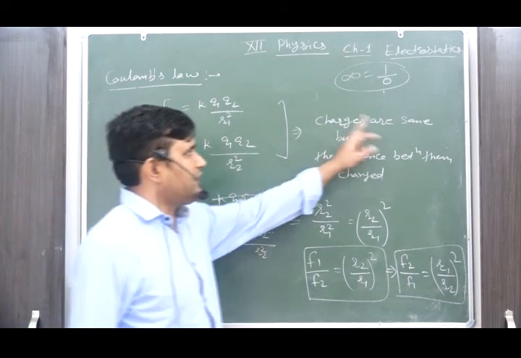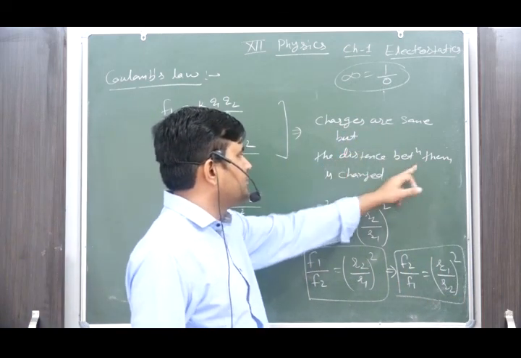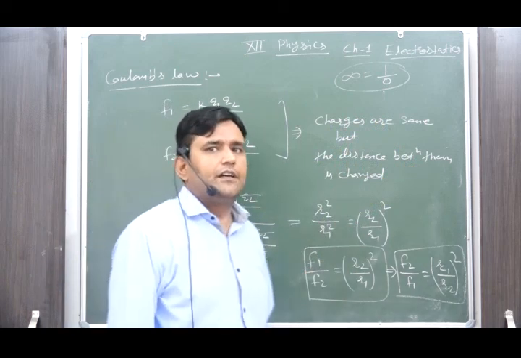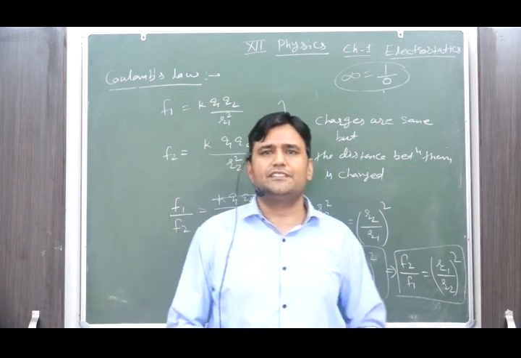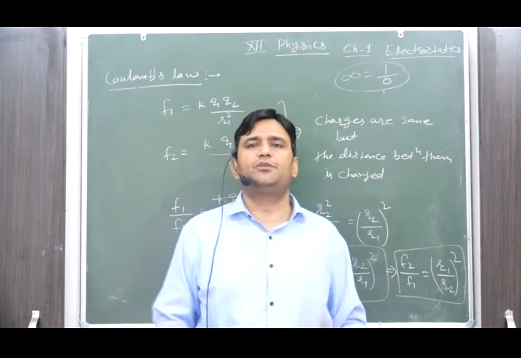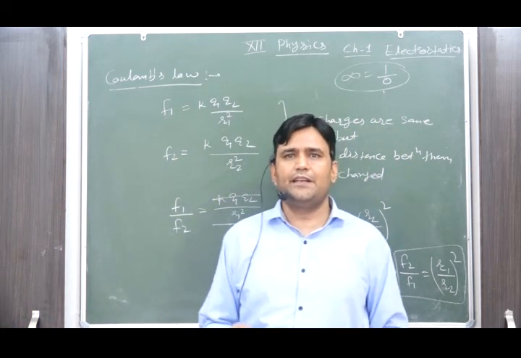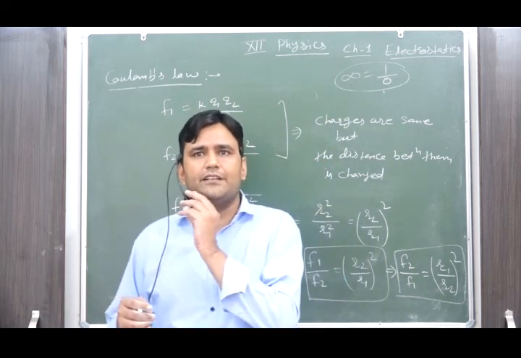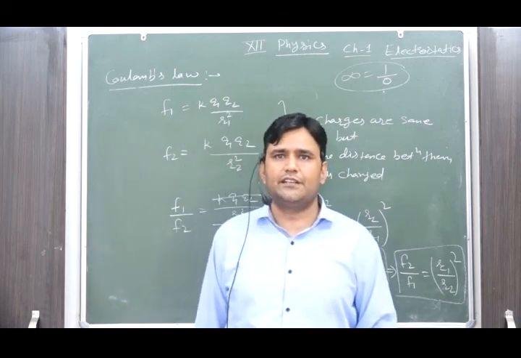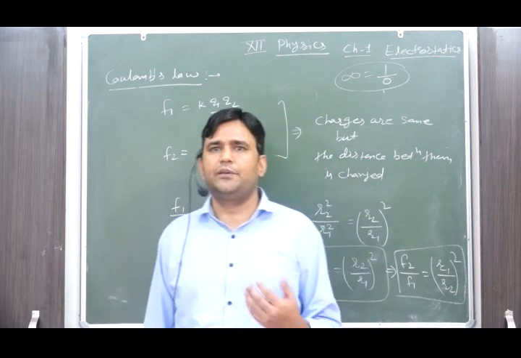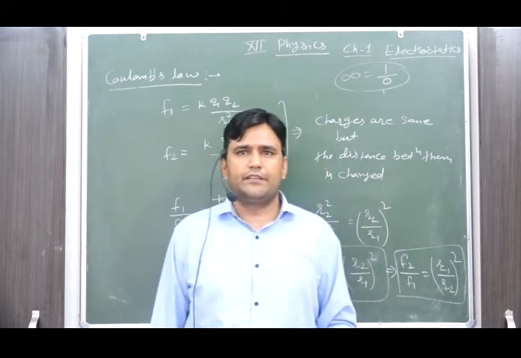This is the basic formulation when charges are the same but the distance is changed. Suppose you have two 5 coulomb charges. Earlier they are placed at 10 meter distance, but in the next case they are placed at 20 meter distance.